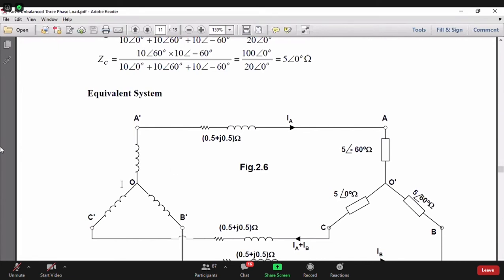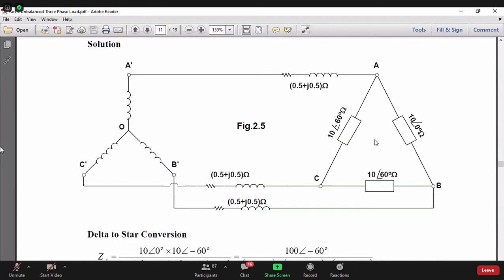And if somebody asks what is the neutral shift, very simple: A prime O, this phase voltage, minus AO. Like that we can find out. So this is how we solve if we have the three-wire star system with line impedance. It can be three-wire star or three-wire delta; both I can solve in the same way.